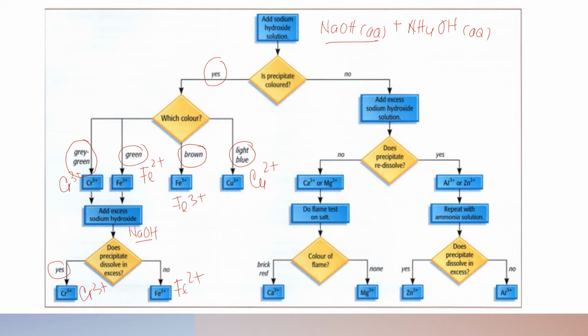When the precipitate has no color, then we still add excess NaOH. If the precipitate dissolves, then what we have is an amphoteric, that is Al3+ or Zn2+.